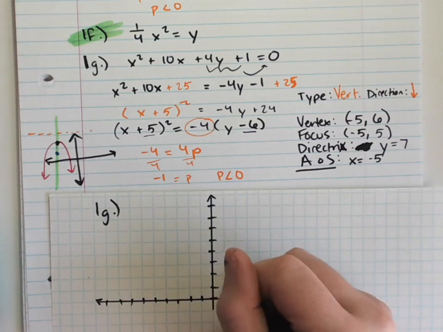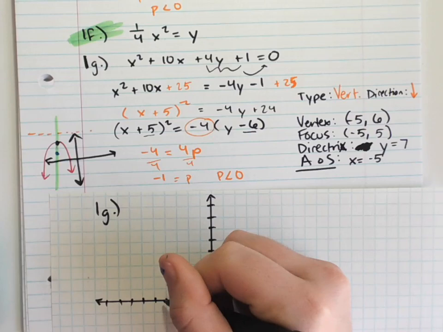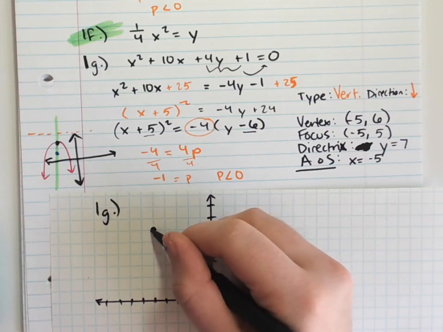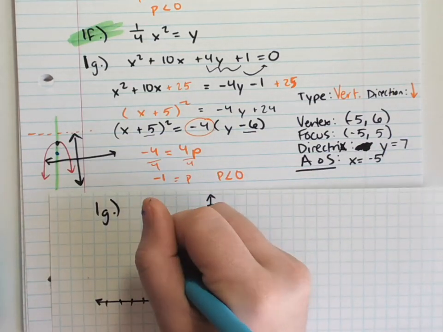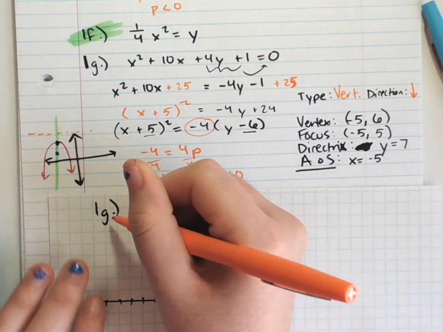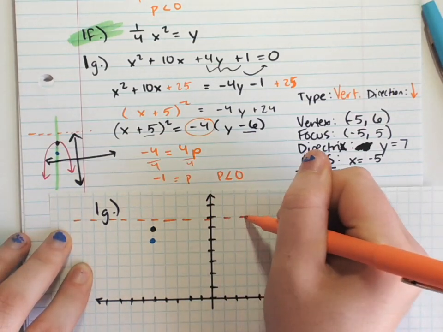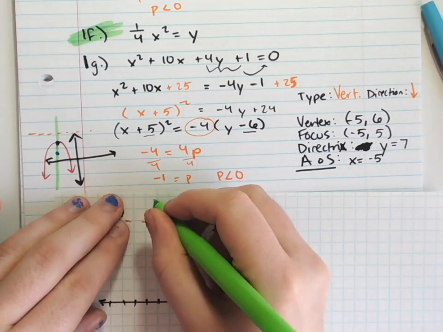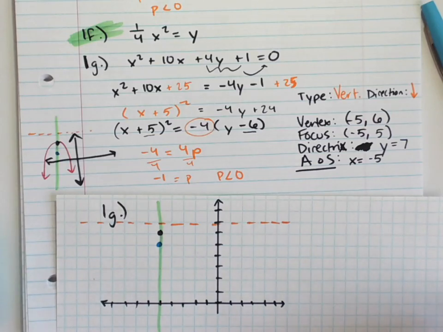So let's begin by plotting our vertex at -5, 6. 1, 2, 3, 4, 5. 1, 2, 3, 4, 5, 6. Then our focus, which is at -5, 5. Our directrix is passing through y equals 7. And our axis of symmetry passes through x equals -5. The more you do this, the more of a rhythm you're going to get.